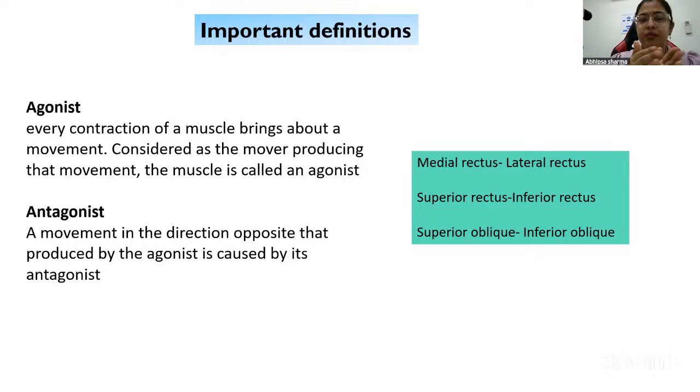So again, medial rectus is the agonist muscle for adduction. So whatever muscle is producing that movement is called an agonist, and antagonist is the muscle which is producing the opposite of what the agonist is producing. So in case of medial rectus, lateral rectus is going to be its antagonist.